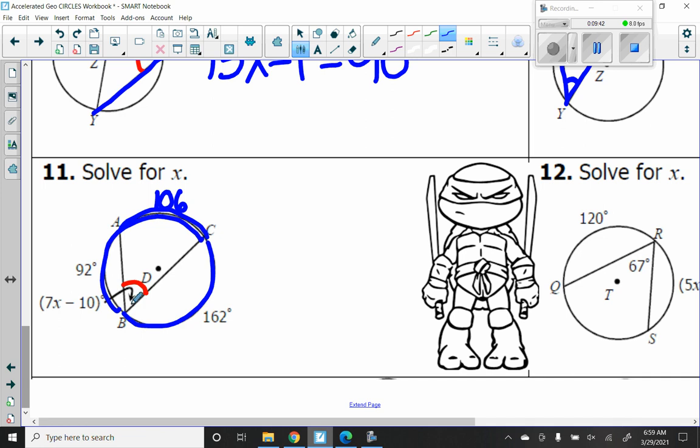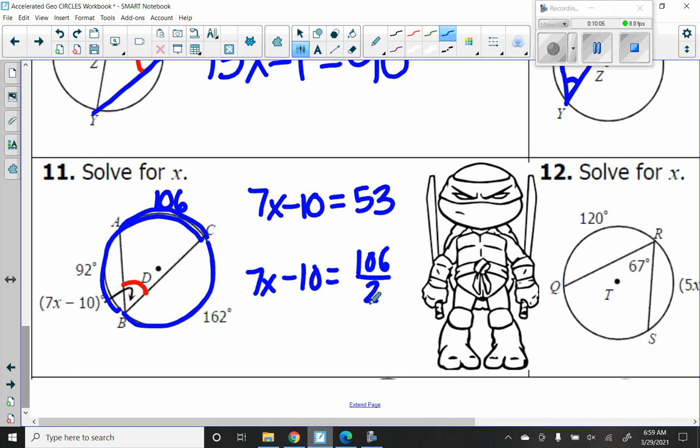Remember, an inscribed angle, this red angle, was half that, so 7x minus 10 equals half of 106. Honestly, can't I just take 106 and divide it by 2 and make it 53? You can do that. 7x minus 10 equals 106 divided by 2.